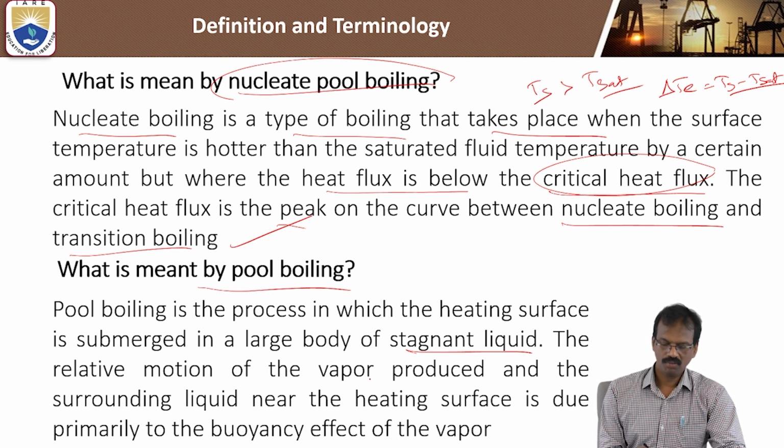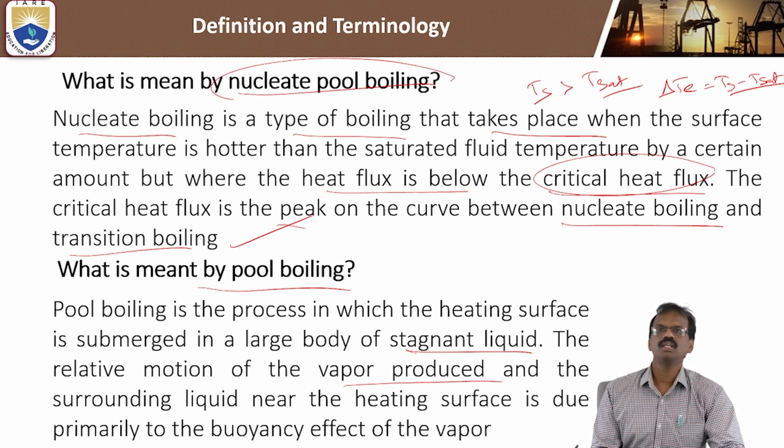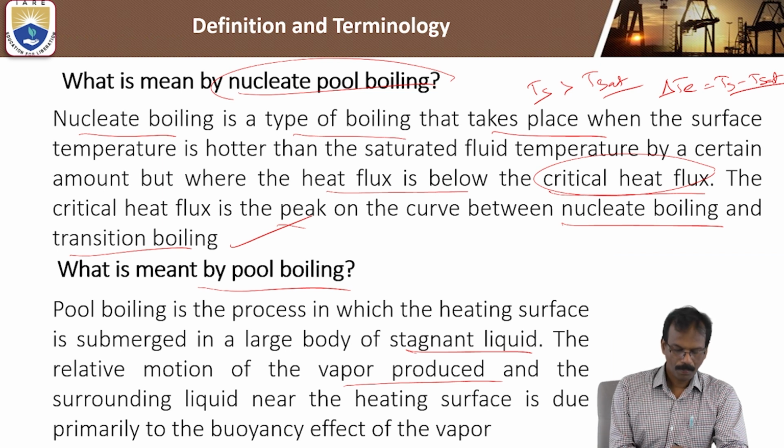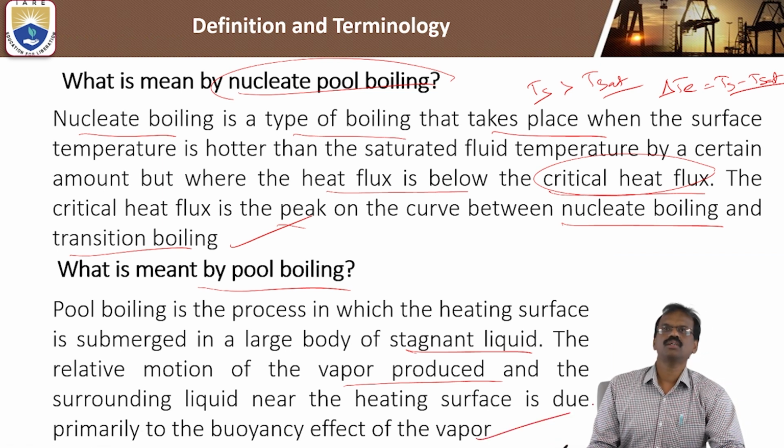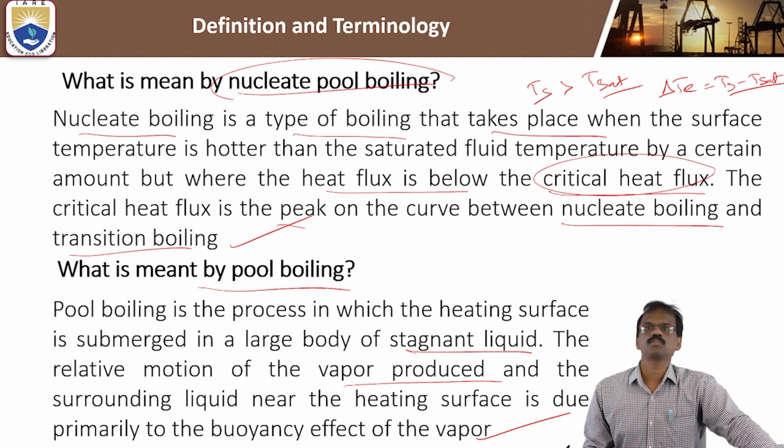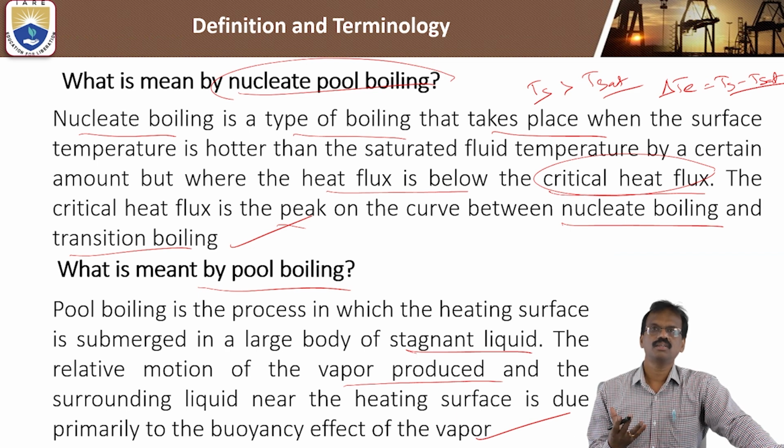The relative motion of the vapor produced and the surrounding liquid near the heating surface is primarily due to the buoyancy effect. So the denser particles move in the upward direction, and automatically that water is converted to vapor.